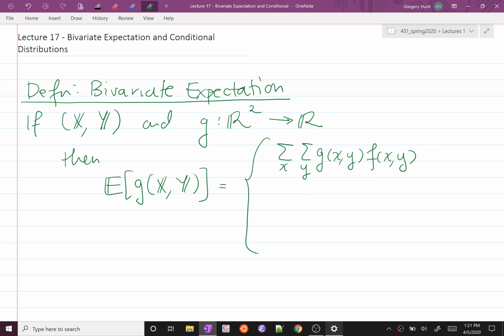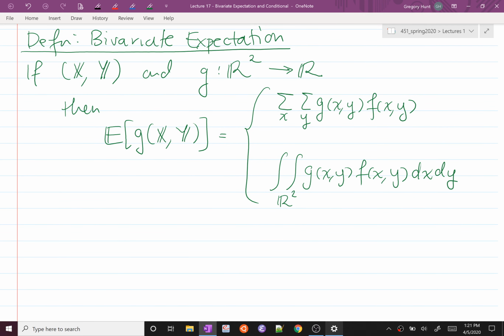So this looks a lot like the law of the unconscious statistician from our univariate case. In the continuous case, it's going to be the double integral. So we're integrating over R2 of g of x comma y times f of x comma y, and then either dx dy or dy dx, whichever order you want.